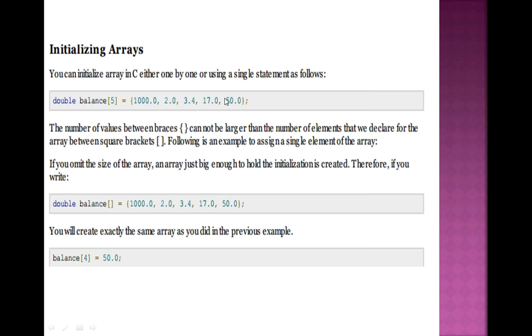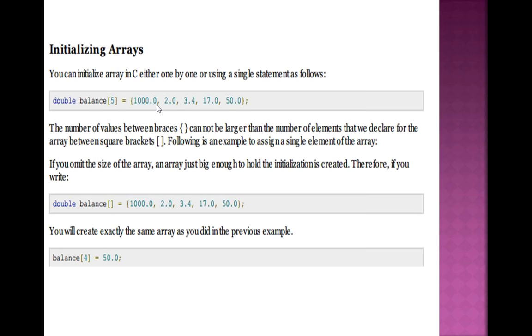This is the way we can initialize the array, that is double balance 5 equals 1000.0. Why is there a decimal part? Because I am using double as the data type. So this is a double type, that is 1000.0, 2.0, 3.4, 17.0 and 50.0.